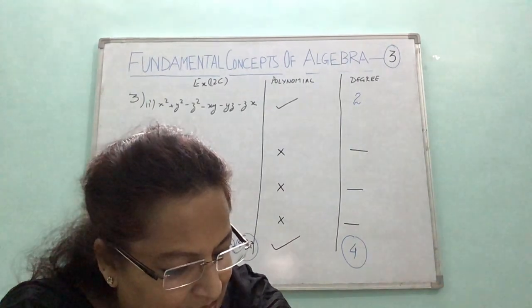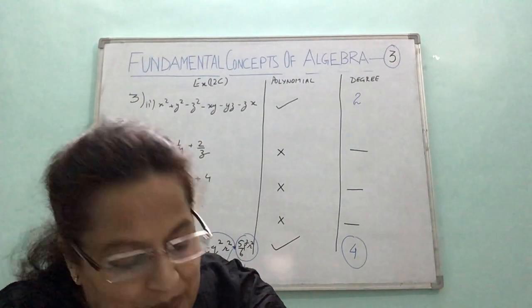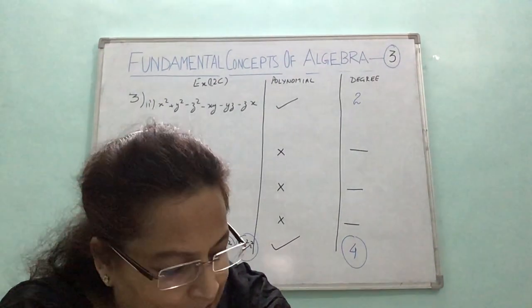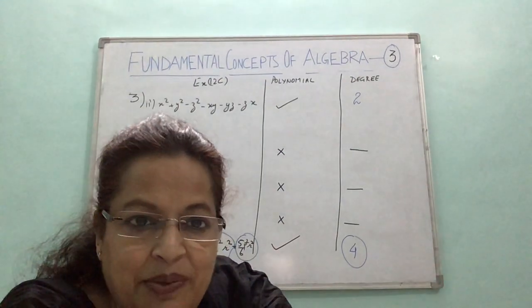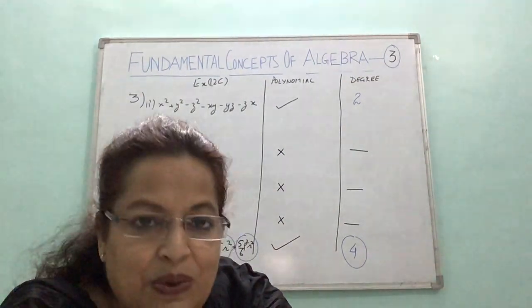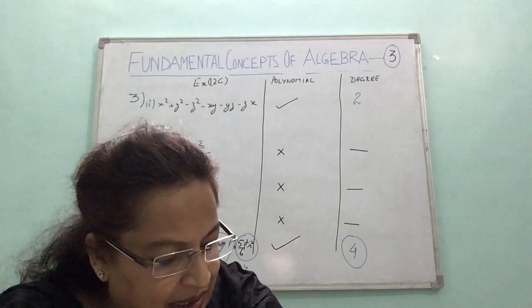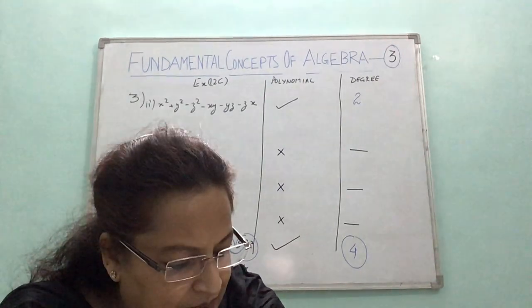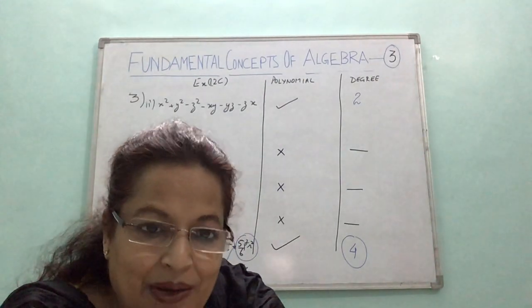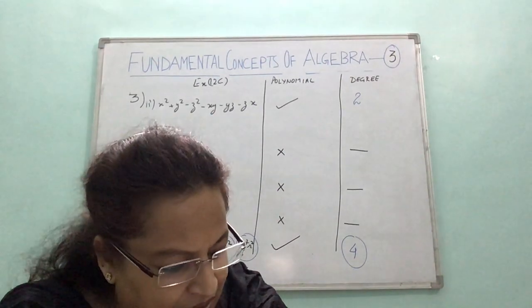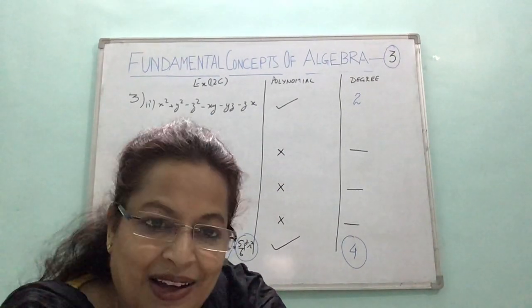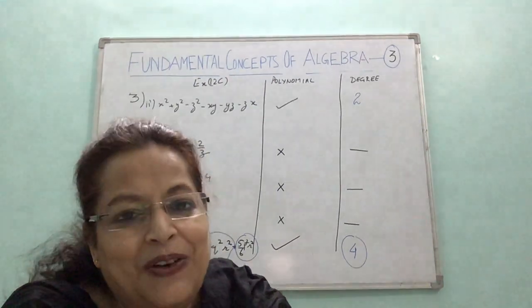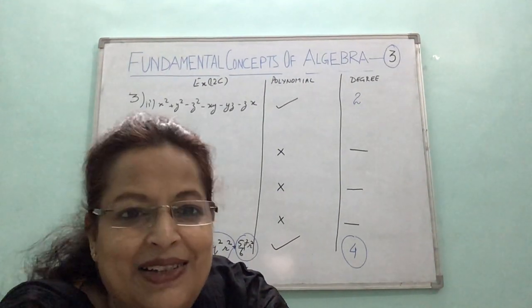So integral powers. But I have explained to you, you remember that. You write this definition. Then next definition would be degree of a polynomial in two or more variables. In case of a polynomial in more than one variable, the sum of the powers of the variables in each term is taken, and the highest sum is the degree of the polynomial. Write one example.